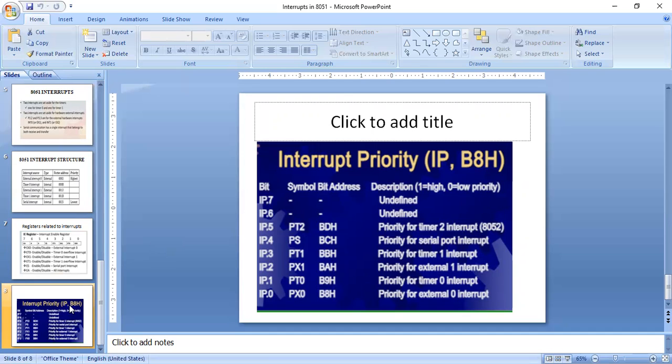That priority can be mentioned through this register. It is IP.0 to IP.7. Why does it come as .0, .1 like that? It is a bit addressable register. The IE register is also bit addressable.